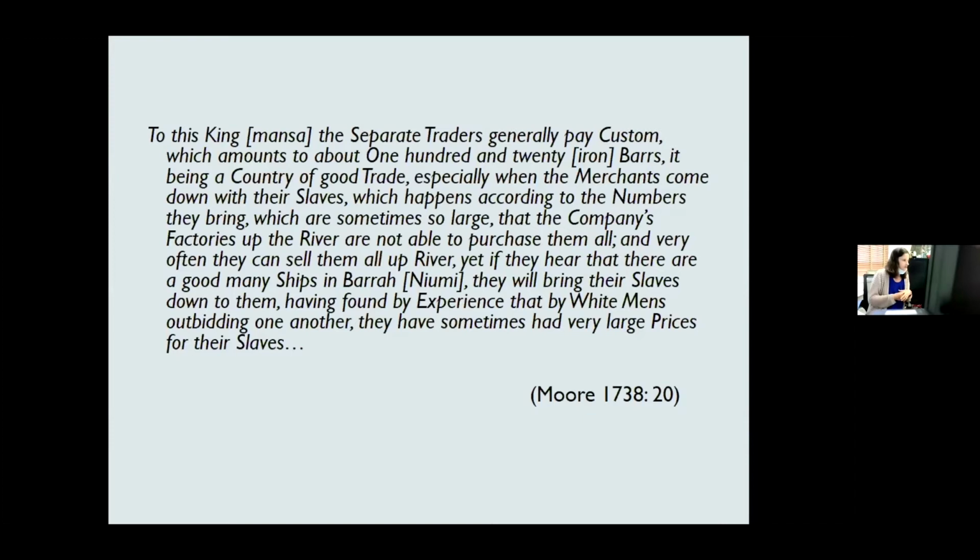And so what this quote is talking about is the local standard, which was iron bars at the time, and just how that is constantly going up. And if you didn't have iron on hand, you had to come up with a bundle of different goods that would hit this iron equivalent.